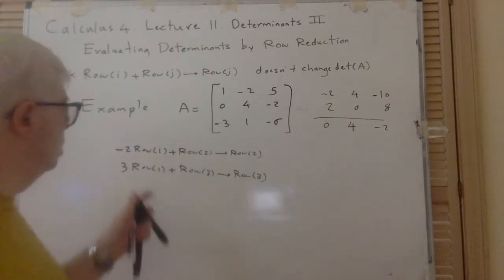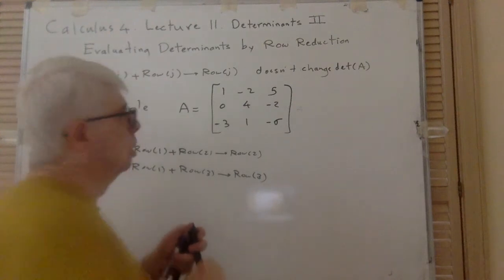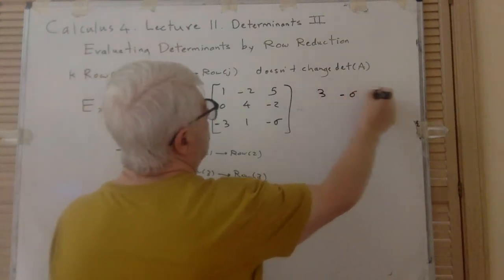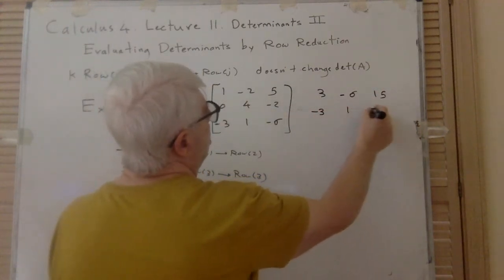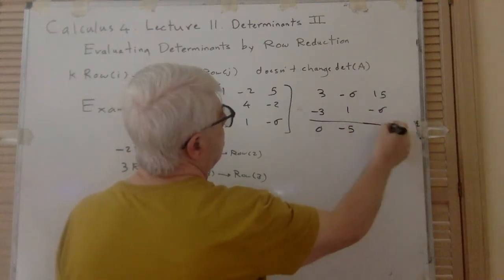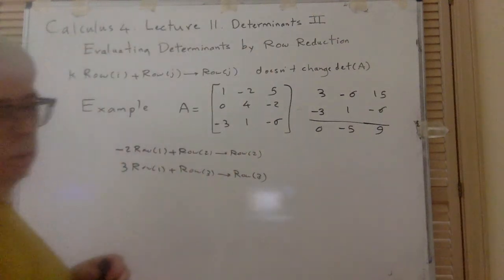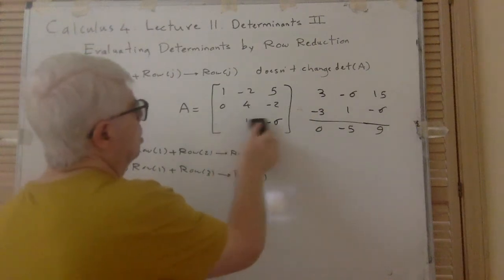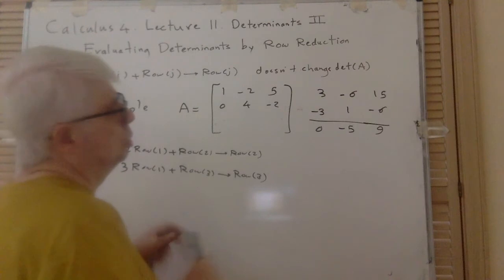And then 3 times that added to the third row. 3 times this one, 3, minus 6, 15, and then minus 3, 1, minus 6. So that's 0, minus 5, and that is 9, right? 0, minus 5, 9. Oh, gee, I erased the original matrix.